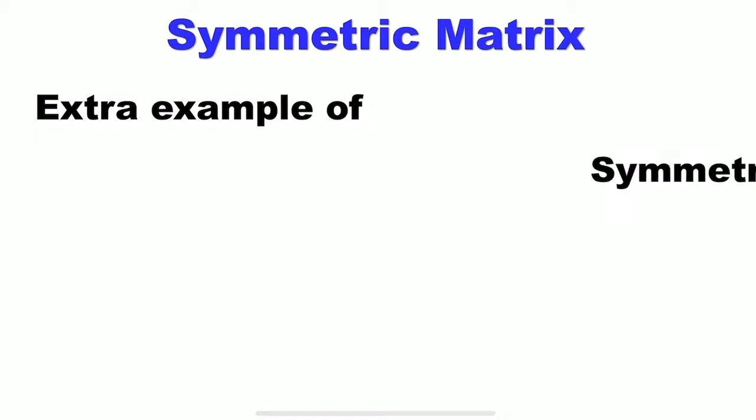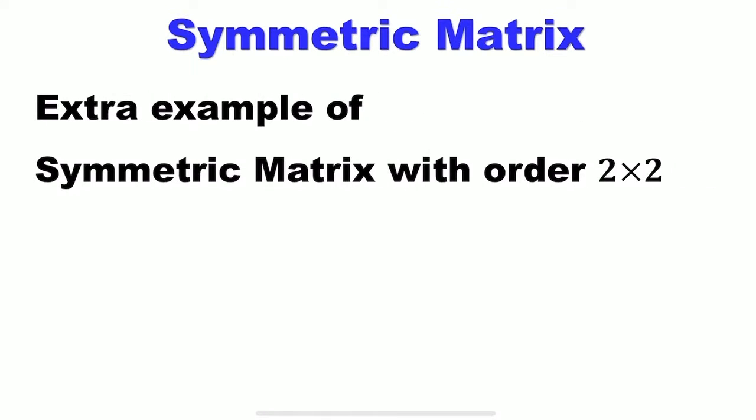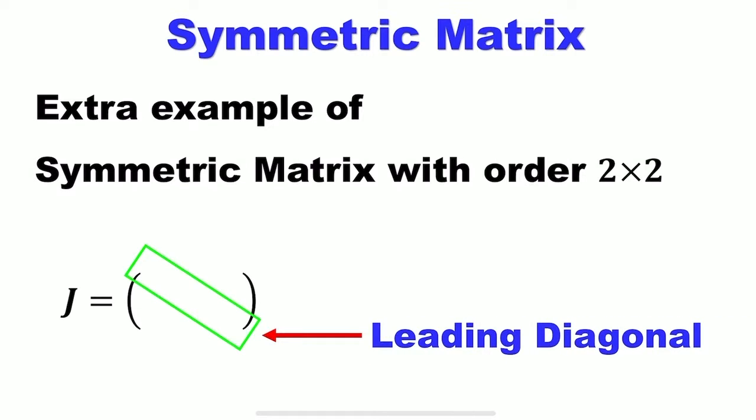An extra example of a symmetric matrix with order 2 by 2, given this matrix J. This is the leading diagonal, where the entries of the leading diagonal are 5 and 6.